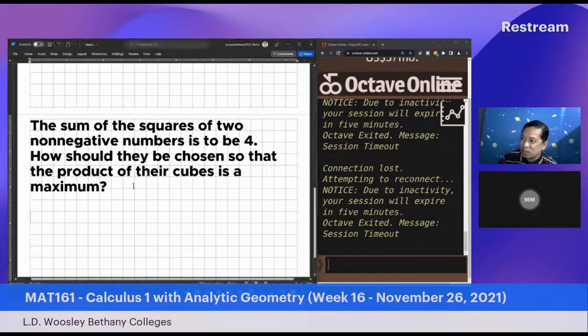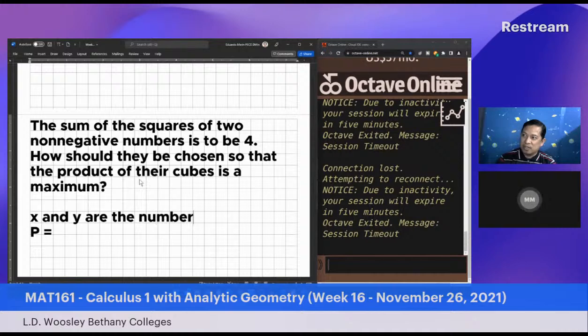Okay, the product. The product is to be maximized. And what product is that? Michaela, what product? The product of their cubes. So assuming x and y are the non-negative numbers, the product to be maximized is x cubed, y cubed.